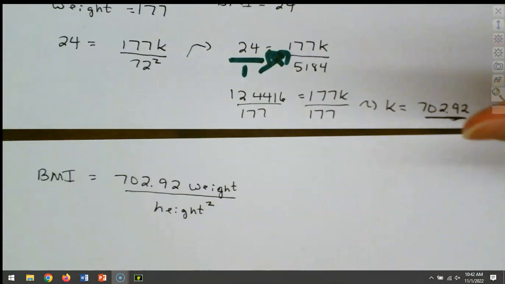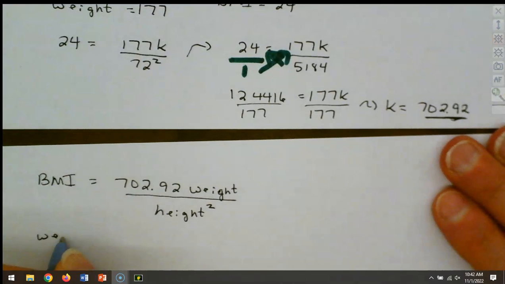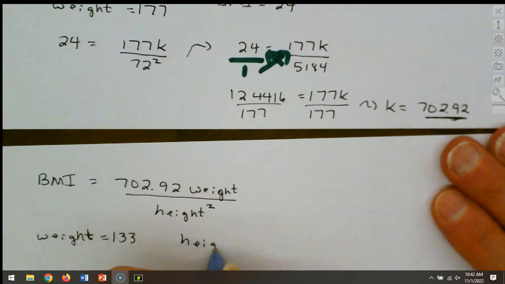So now we can calculate a new BMI. So now we have a new person coming in. And that new person weighs 133 pounds, height of 66 inches. So the weight is 133. The height is 66.